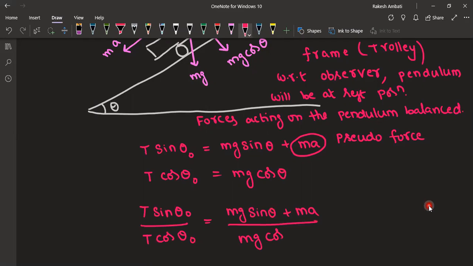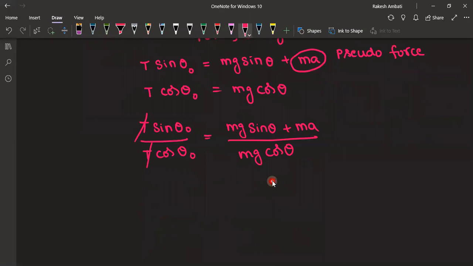We are dividing both equations. On the left side, T cancels out. Sin theta naught upon cos theta naught is nothing but tan theta naught. On the right-hand side, m is common and cancels. So finally we have g sin theta plus a upon g cos theta.